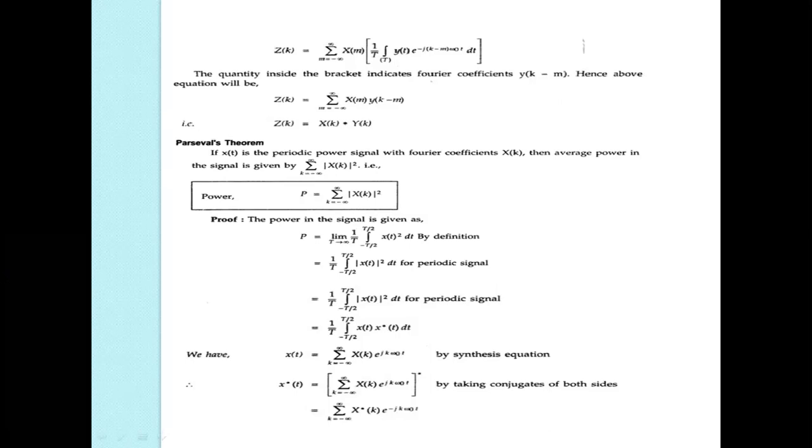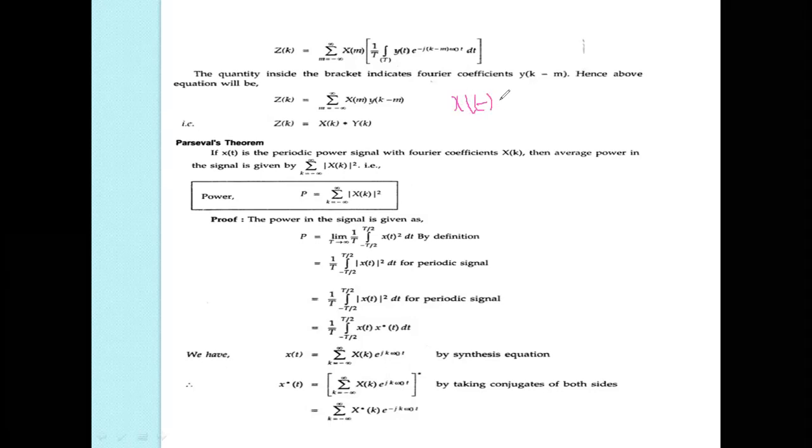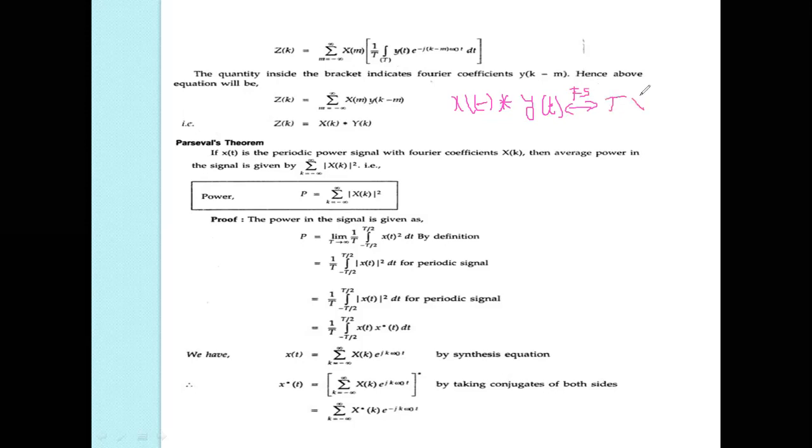The conclusion of the two properties: x of t convolved with y of t has the Fourier series T times x of k y of k. Means time is convolution, frequency is product. The convolution in time.